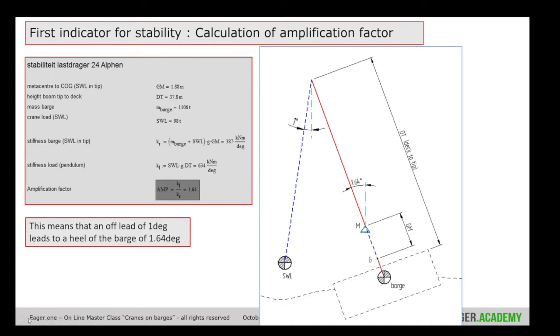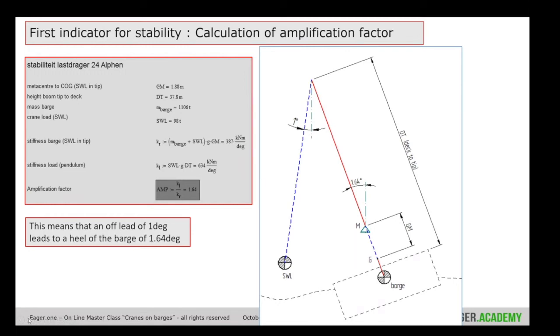However, how should we interpret a GM value? And that's an issue which passes many times. We have seen this 3% rule from IMO. We have seen this 10% for heavy lift vessels. 10% of the width of your vessel or barge.